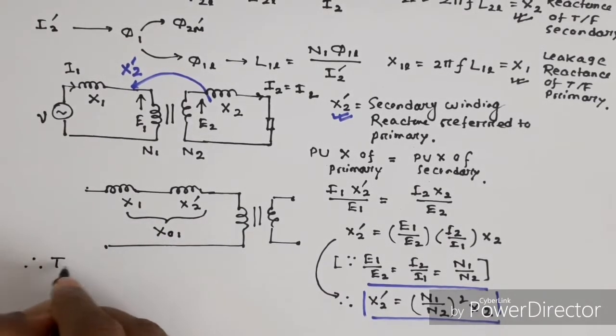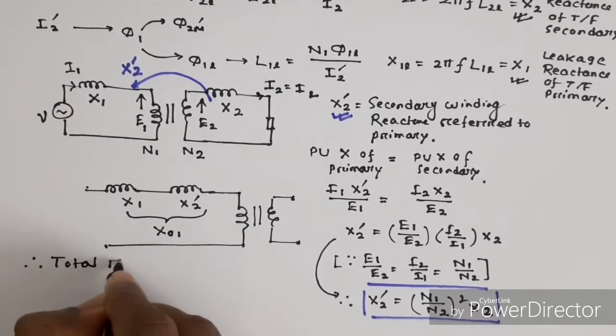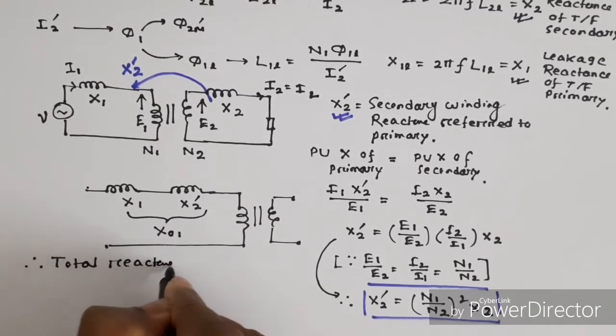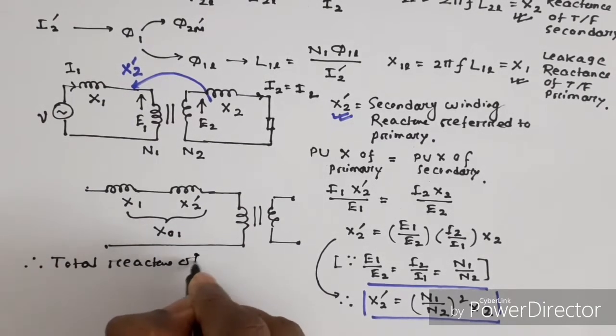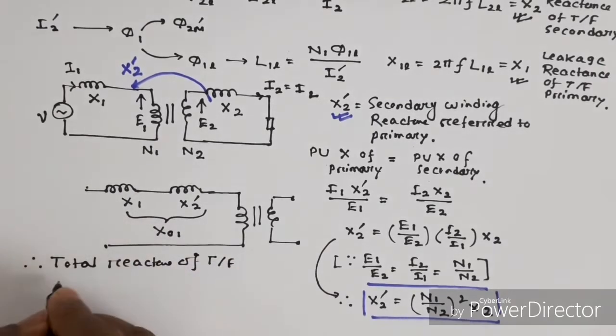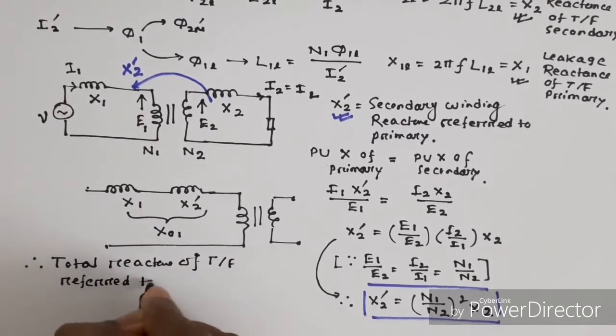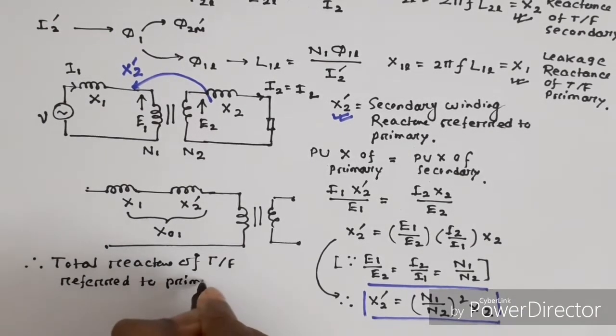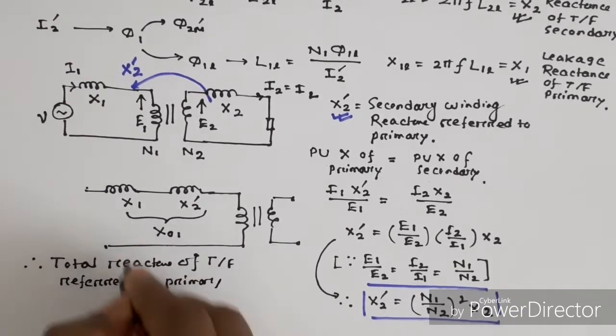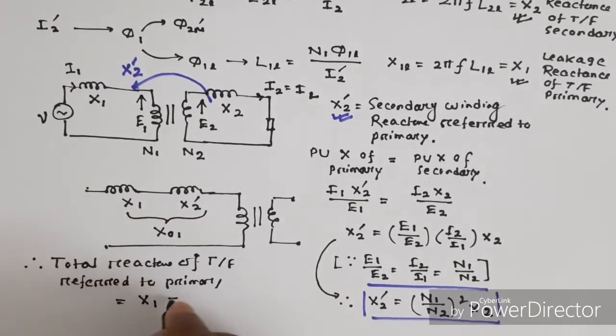Therefore, total reactance of transformer referred to primary is given as X1 plus X2 dash, that is equal to X01.